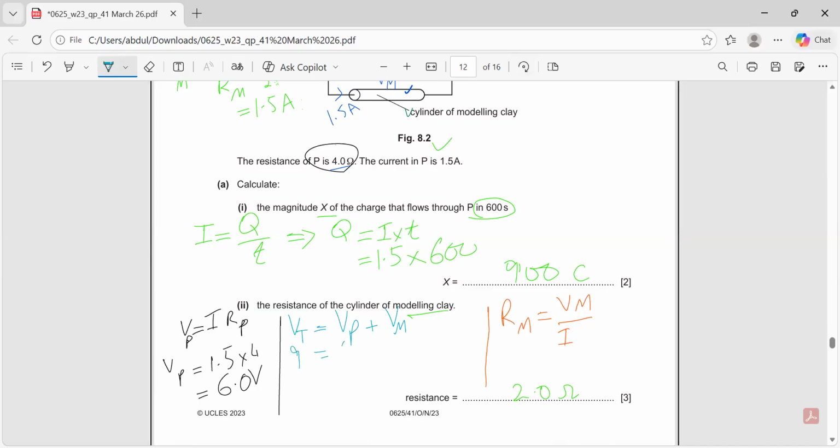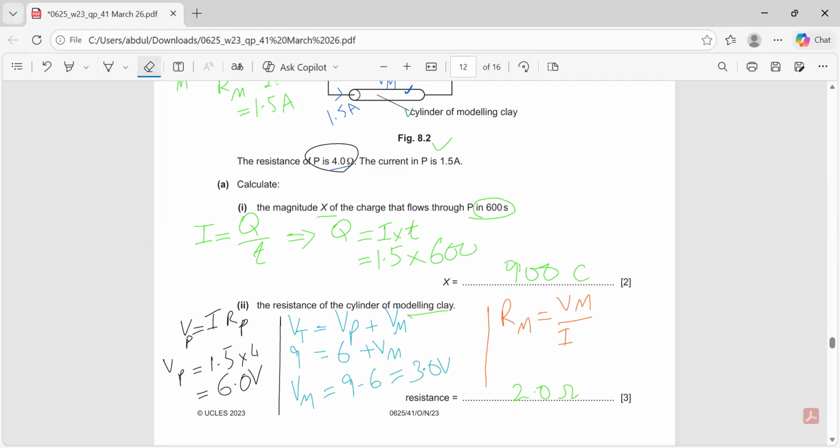VP we just calculated equal to 6. Easily we can calculate Vm now, meaning voltage across modeling clay. So 9 minus 6 will be equal to how much? 3 volts.